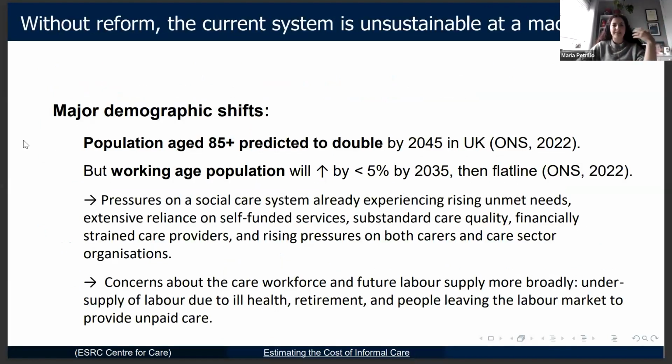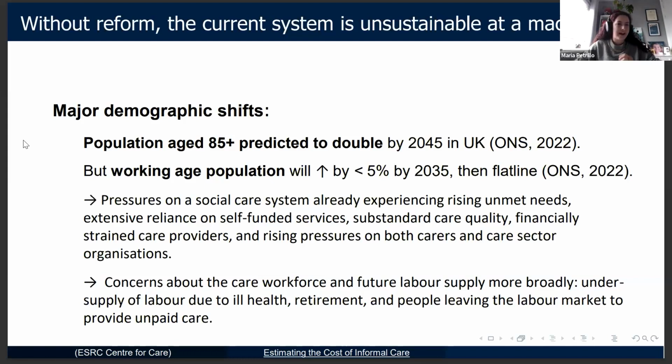The challenges faced by unpaid carers are also compounded by demographic shift. The UK's population aged 85 plus is projected to double by 2045, while the working age population will grow by 5% until 2035 and then flatline. This demographic shift will place even more pressure on the already strained social care system.